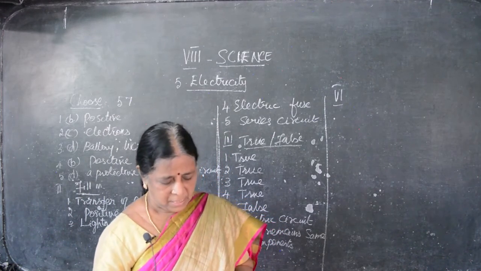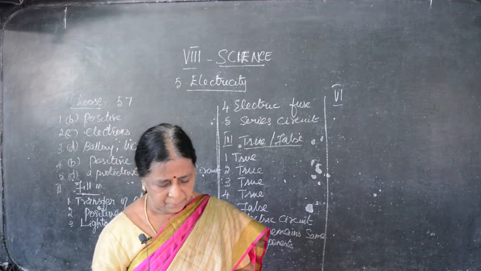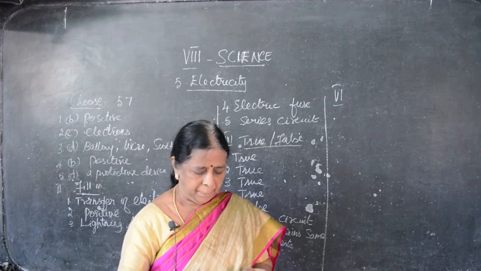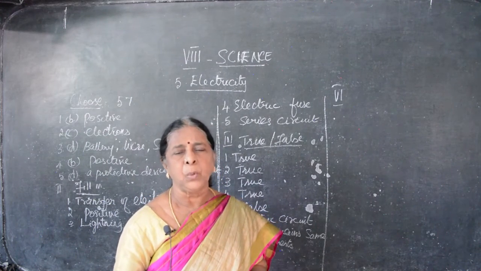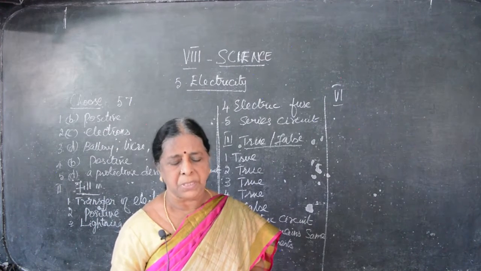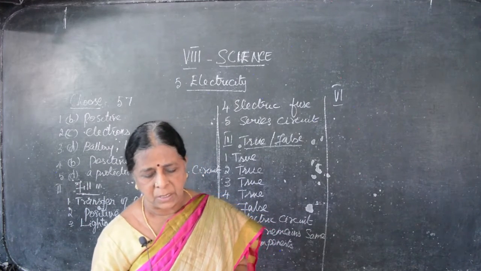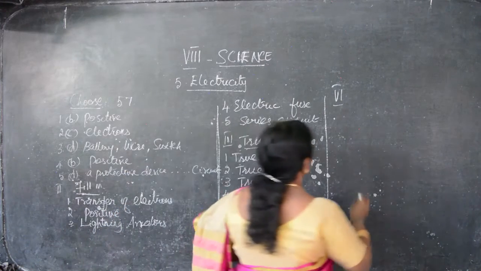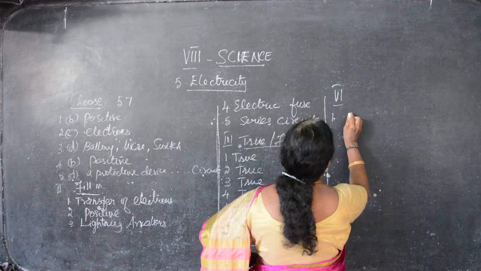Assertion, first answer. People struck by lightning receive a severe electrical shock. Reason, lightning carries very high voltage. So, both are correct only. So, we have to write the first option. A, both assertion and reason are true, and reason is the correct explanation of assertion. You have to write like this. Sixth, first question. Answer is what?